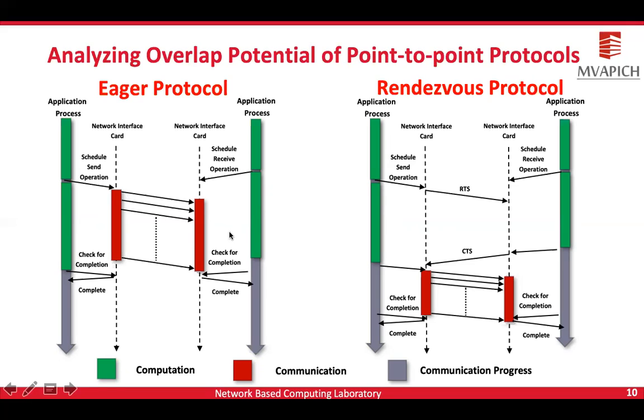However, on the Rendezvous protocol, on the right-hand side of this figure, we can see that since there is handshaking, when the RTS is received, the receiver's main process is performing useful application computation, and assuming that there is no asynchronous progress thread here, the main process does not realize that it has received the RTS message.